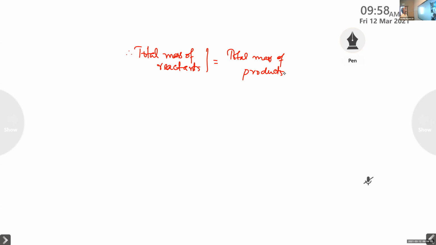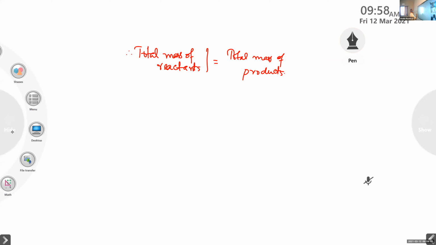Say, for example, let us take the burning of magnesium. During burning of magnesium, what is the chemical reaction? Magnesium combines with oxygen with the formation of magnesium oxide. So we can write the names of the reactants and products. Then it is called a word equation.